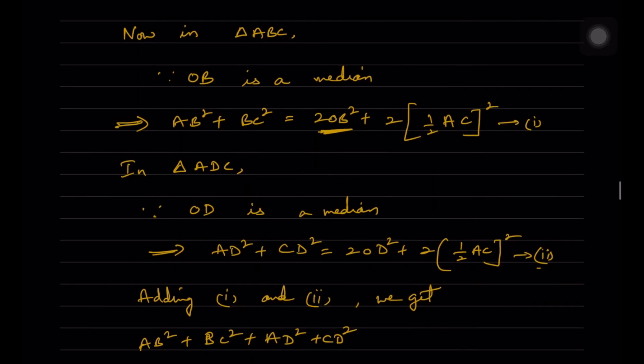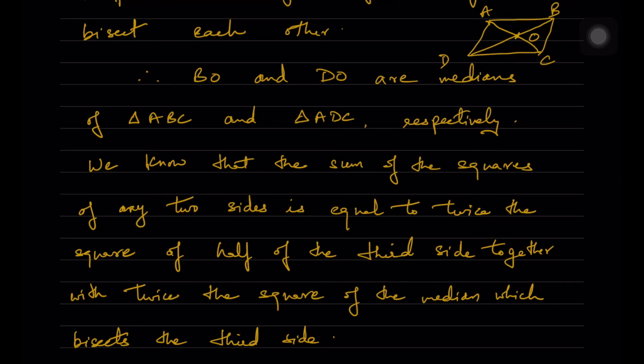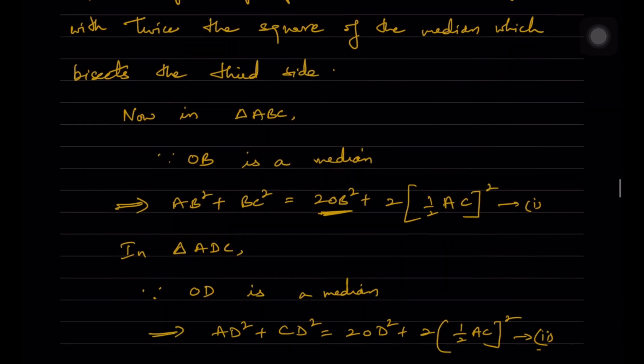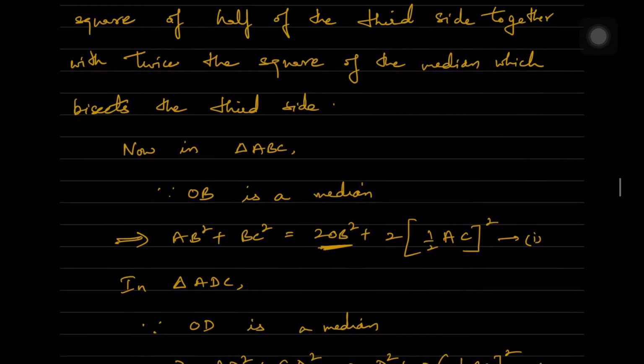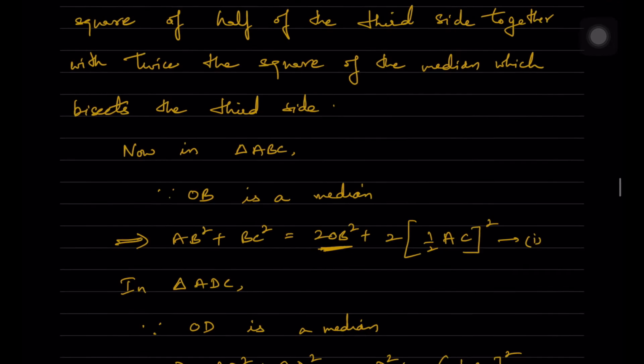Now in triangle ADC, OD is the median. So how can we write? We can write this as sum of squares of the other two sides, that is AD square plus CD square is equal to 2 into, it is twice the OD square plus twice the square of the third side, half the square of the third side.